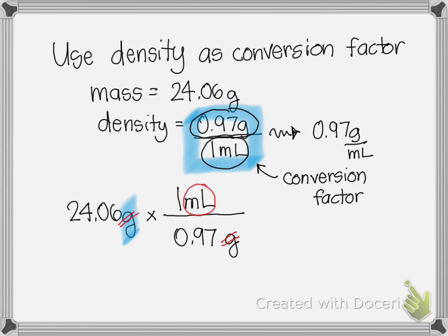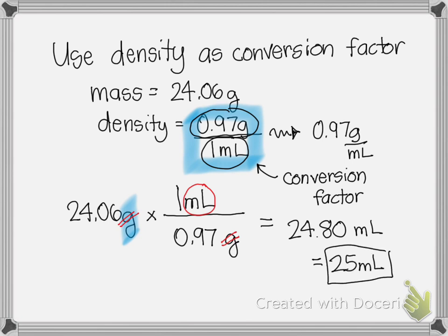And so my answer, what I do on my calculator is I take 24.06 times the 1 divided by 0.97, which gives me the 24.80, which rounds to 25.